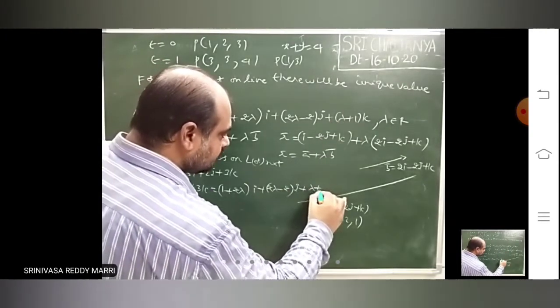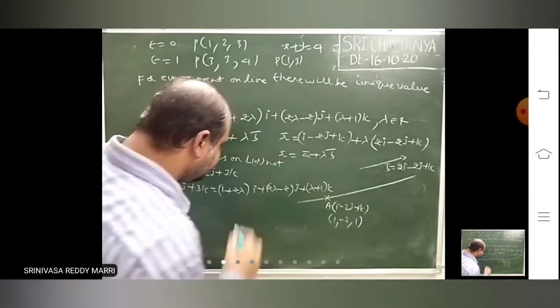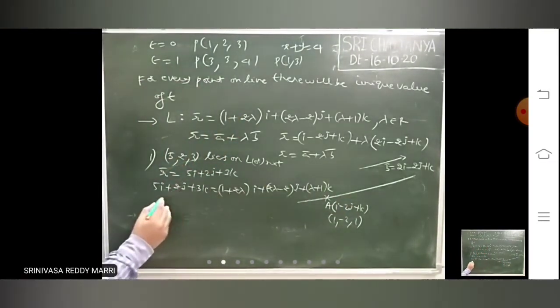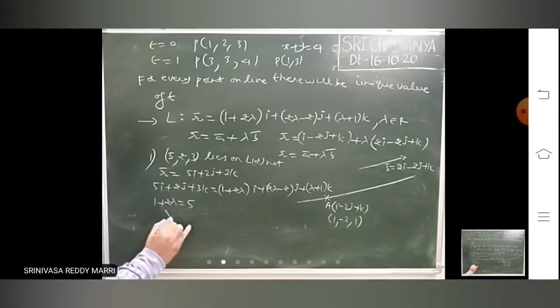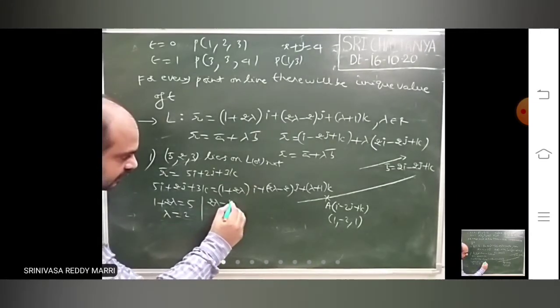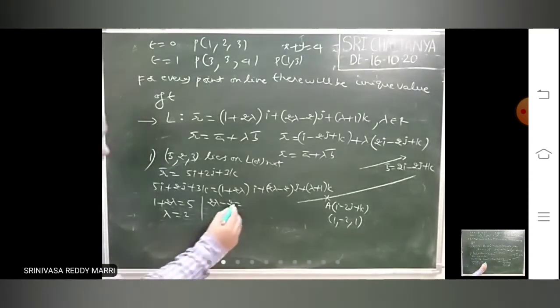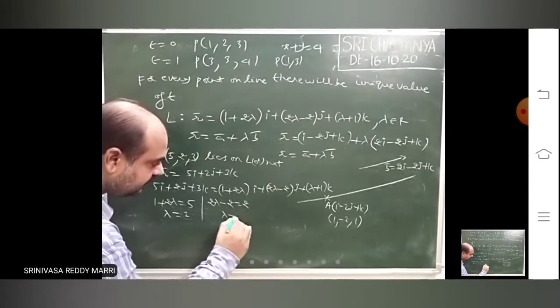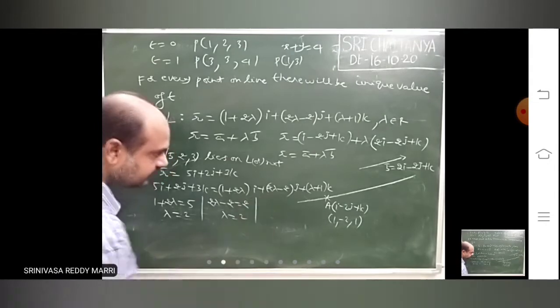Substitute that, equate the I coefficients and calculate lambda. Lambda is 2. Then 2 lambda minus 2 equal to 2, so lambda you got is 2.